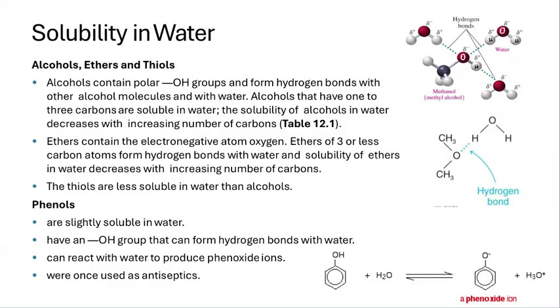The reason why phenols are able to be soluble in water is because they actually undergo an acid-base reaction with water. We can see that acid-base reaction in the bottom of the slide.